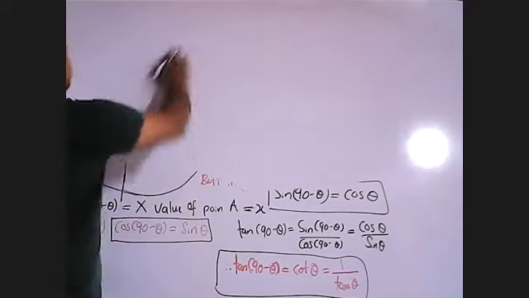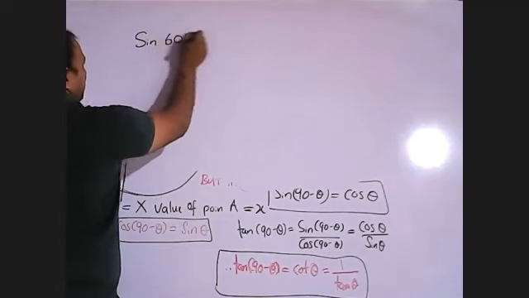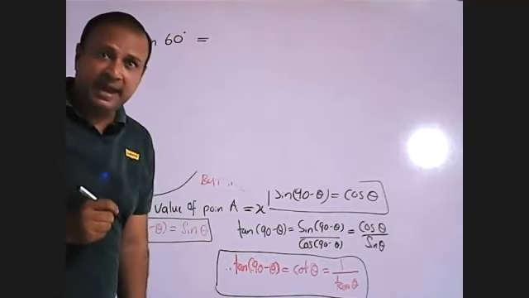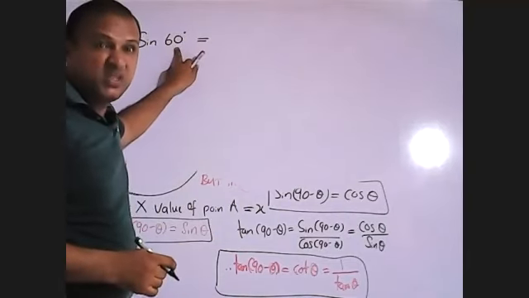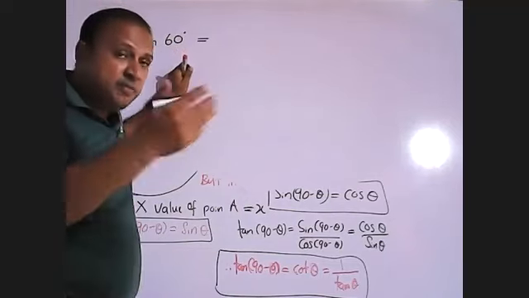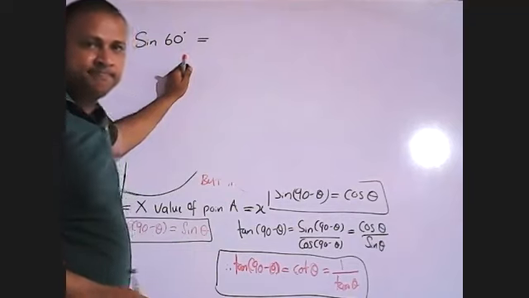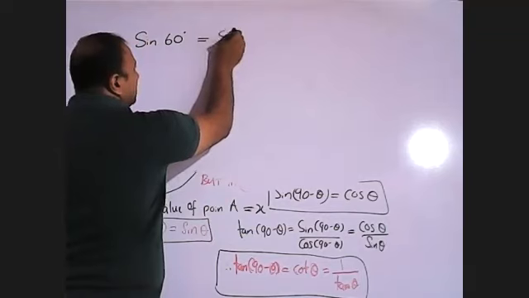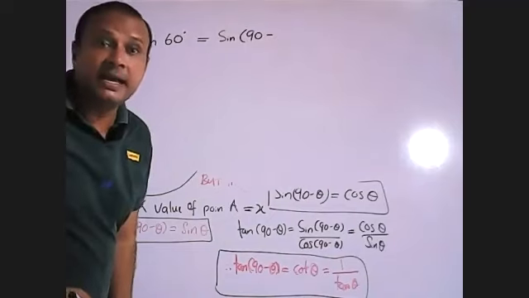Look at this. Sin 60 can be written as sin 90 minus theta. So how to write this angle as 90 minus some angle? Sin 90 minus 30.